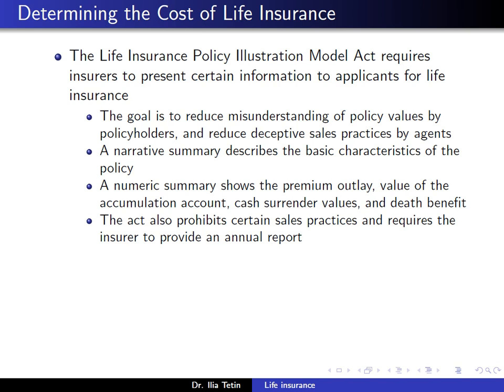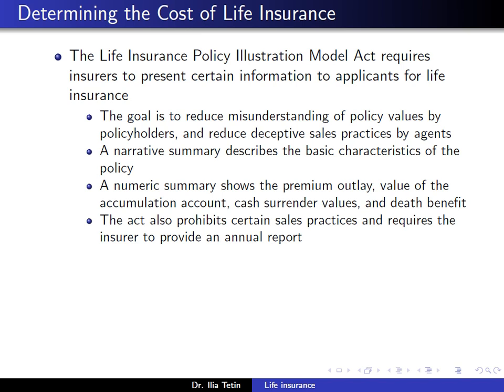Our discussion of life insurance costs would not be complete without a brief discussion of the life insurance policy illustration model regulation drafted by the National Association of Insurance Commissioners. The majority of states have adopted the model regulation.